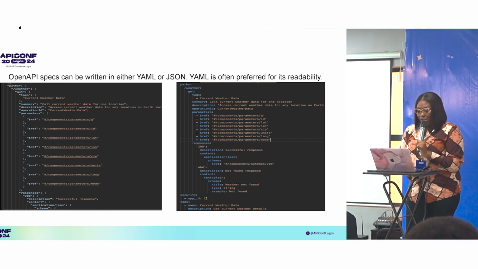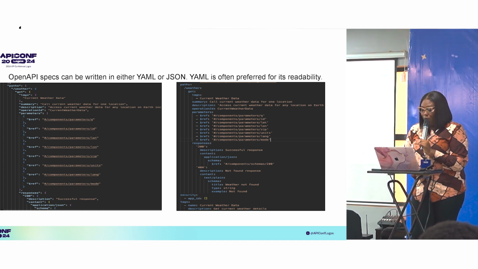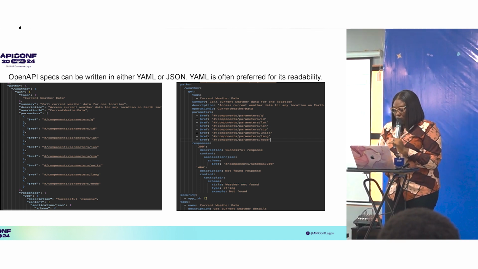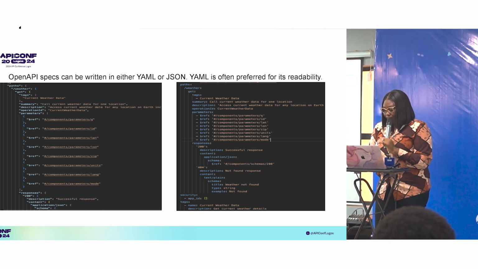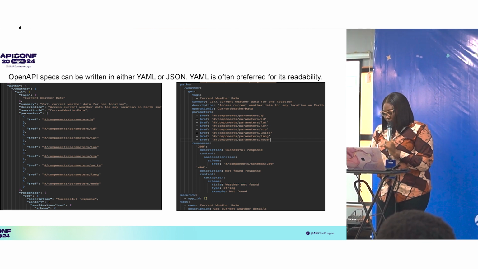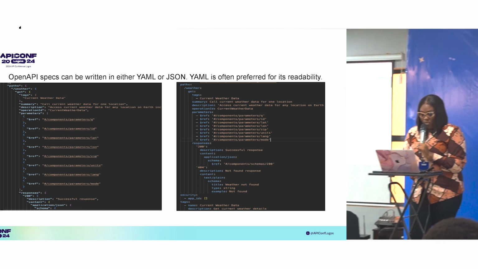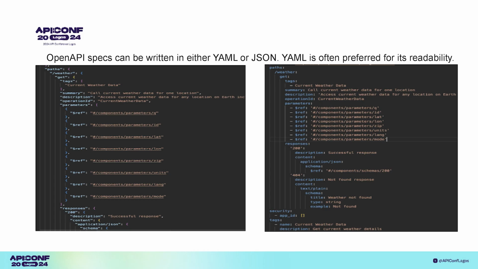Tags can be used to categorize the endpoint. So for example, let me see if I can get this back.